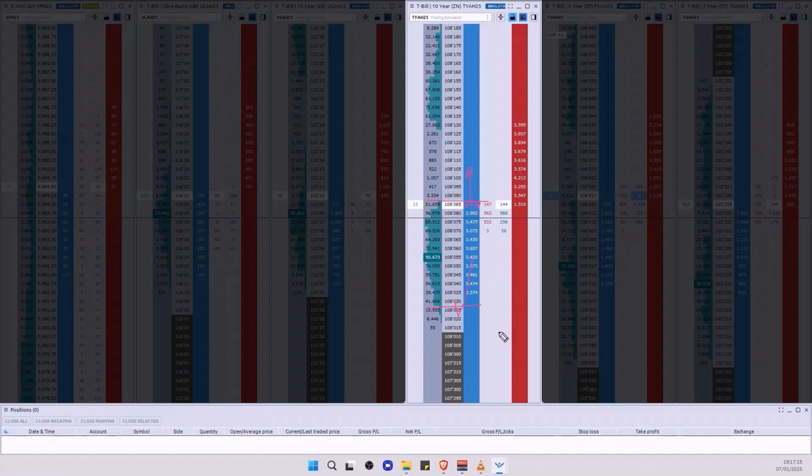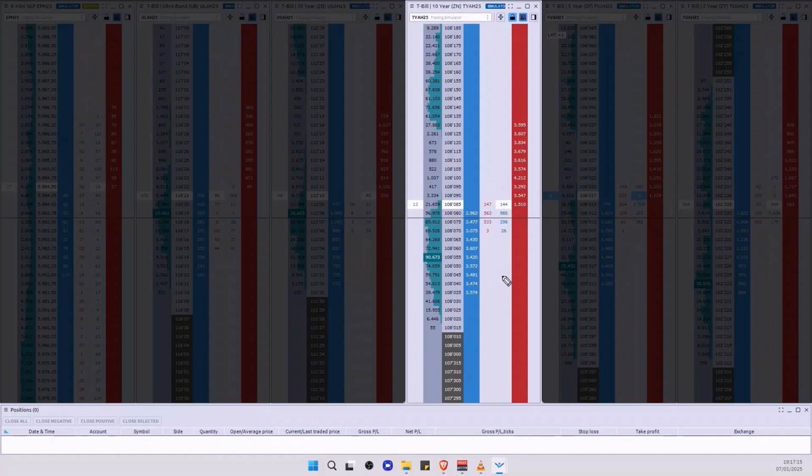But if the buyers cannot clear that level, as in they cannot generate that breakout, then it can mean one of two things. Either the sellers are heavily defending the top of that volume profile based range, and we will know that if they defend it and start to attack to bring the price lower.